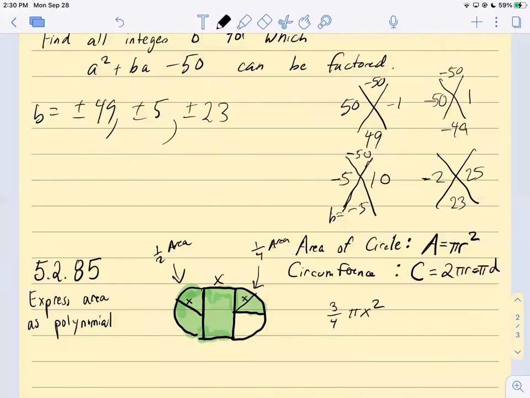Okay, now what about the middle rectangle? Can anyone tell me the dimensions of the middle rectangle? What's the height of the middle rectangle? Nice, Allison, very good. Anybody else? You don't mean x squared, but it's even simpler than that.